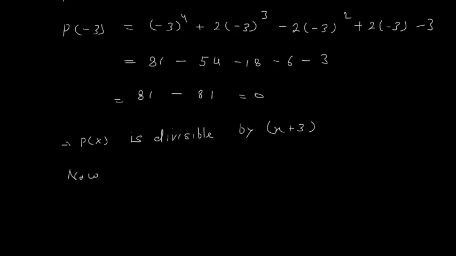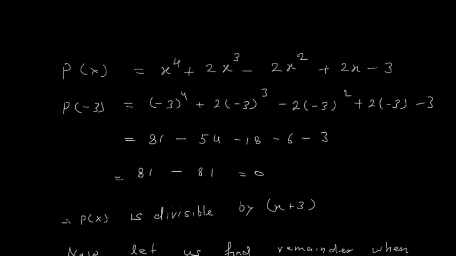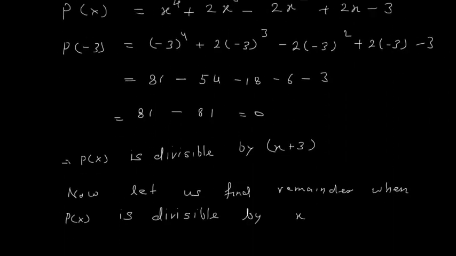Okay, now let us find the remainder when P(x) is divided by the second factor we got, x minus 1.